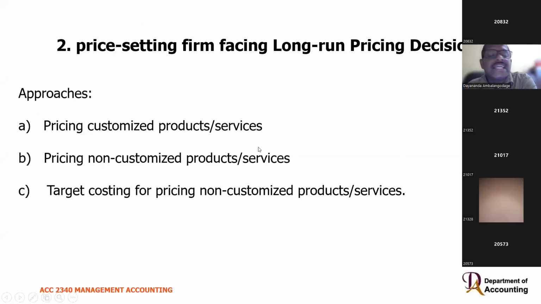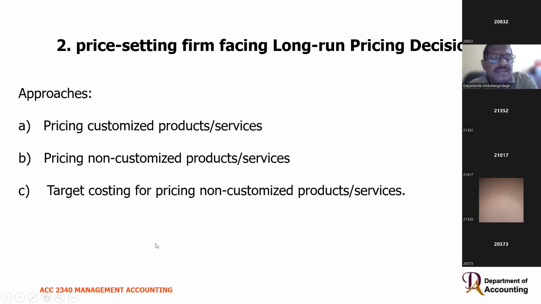So we'll move on to the second part, long-run pricing setting, if you are a price setter. Long-run pricing can be divided into three parts: pricing customized product services, pricing non-customized product services, and target costing for pricing non-customized product services.